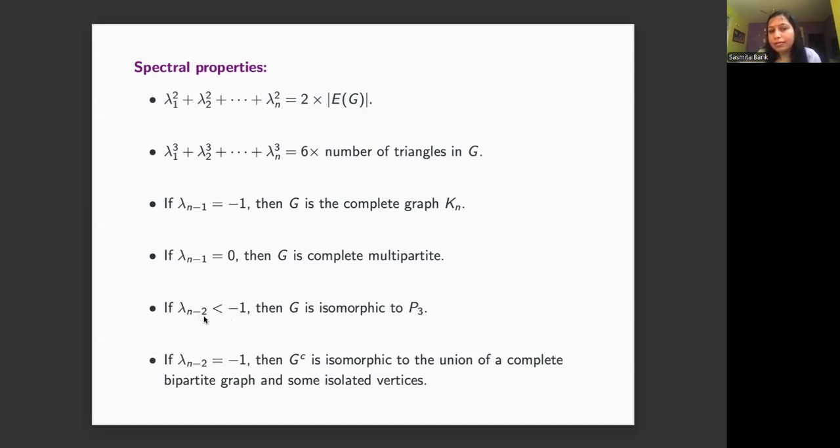If the third largest eigenvalue is equal to minus 1, the complement of the graph is isomorphic to the union of a complete bipartite graph with some isolated vertices. These are very simple or preliminary results, and I have listed only a few of them, but there are many others where, looking at the eigenvalues, you can say something about the graph structure.